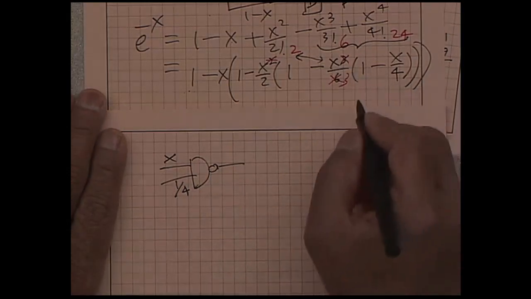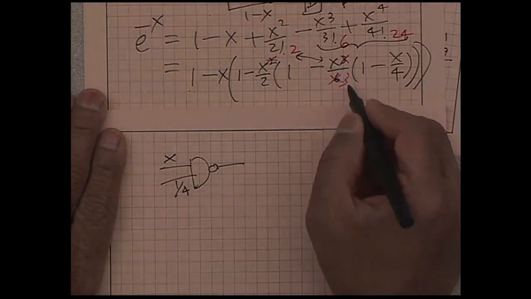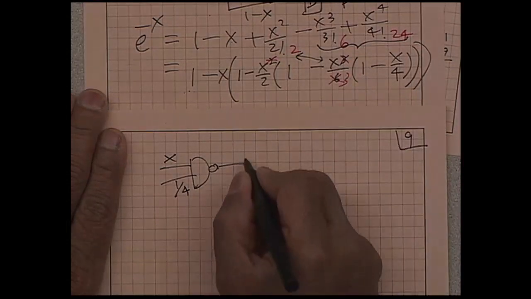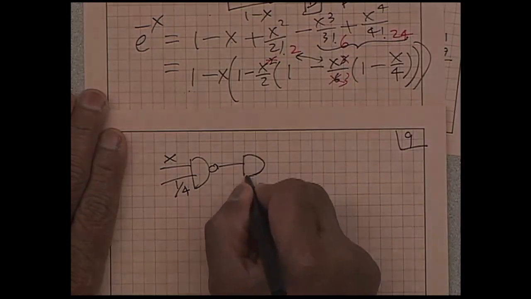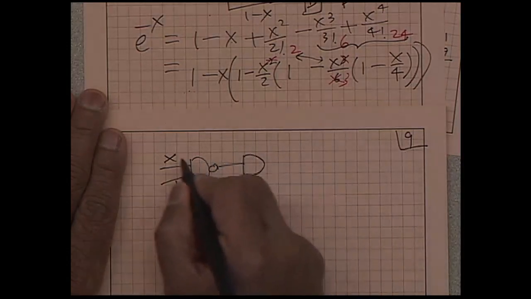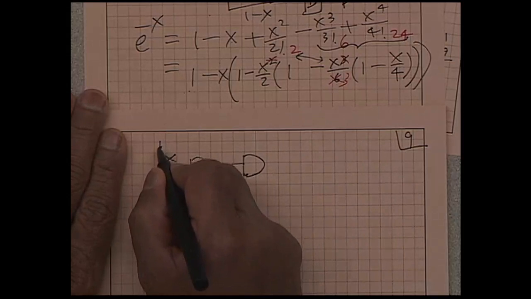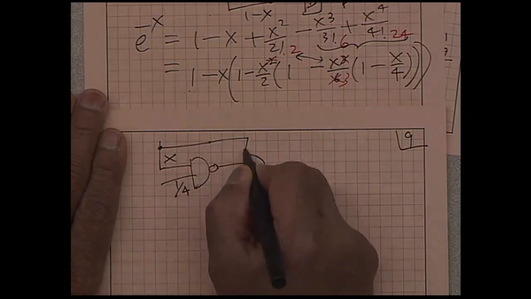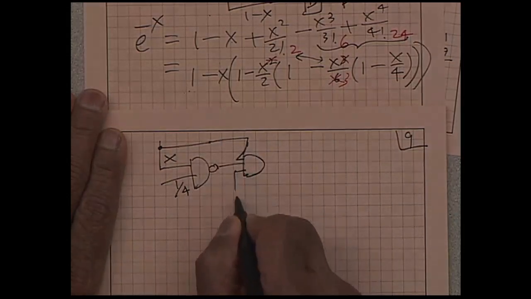Okay, so that's done. And then minus x by 3, so I need to multiply x, so let's say this is x, and then 1 by 3.